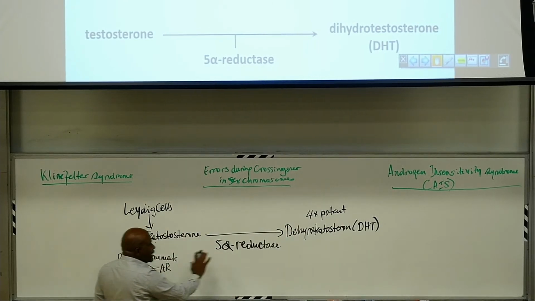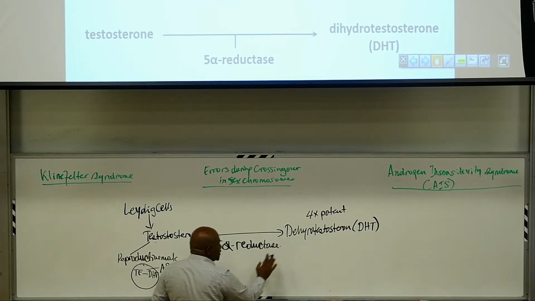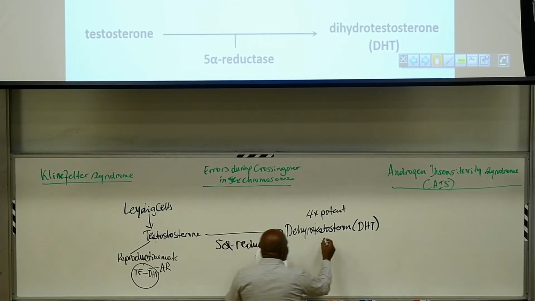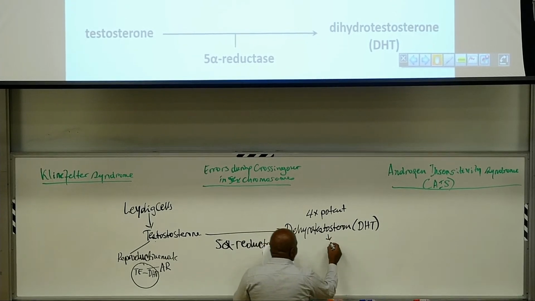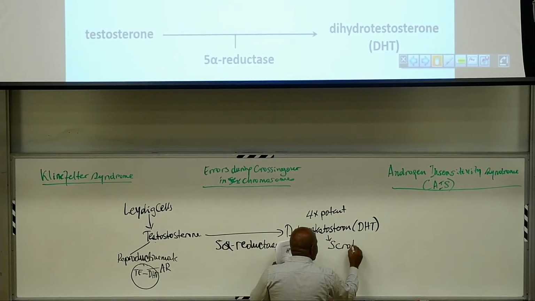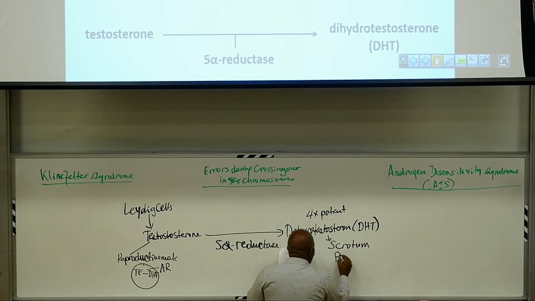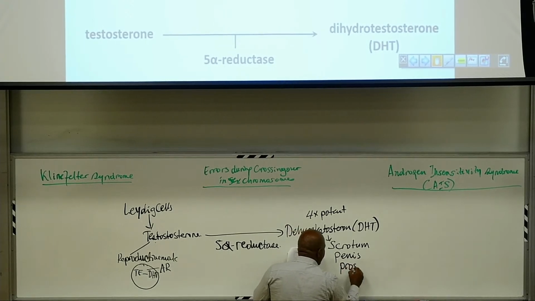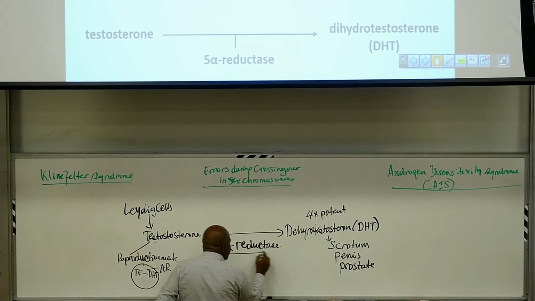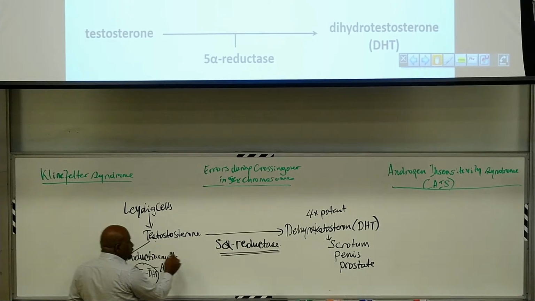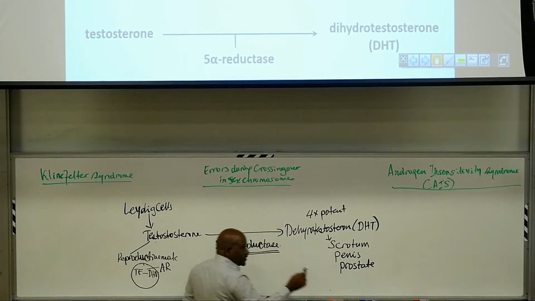So this dihydrotestosterone is responsible for the development of the different types of structures in the male reproductive tract. For example, the scrotum, the penis, and the prostate are the sites where we have higher activity of this 5-alpha reductase, changing testosterone to dihydrotestosterone.